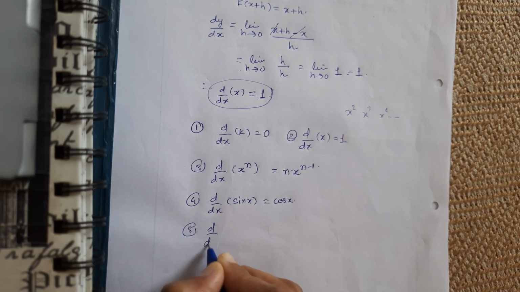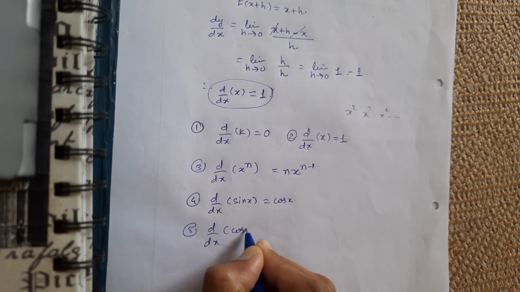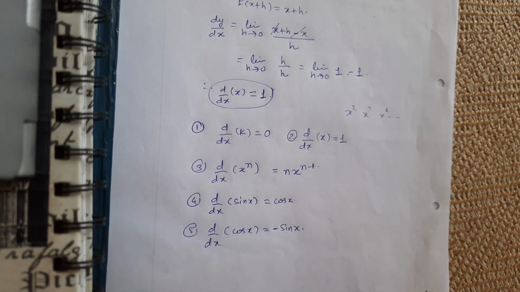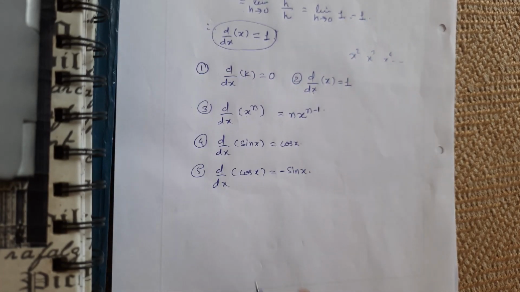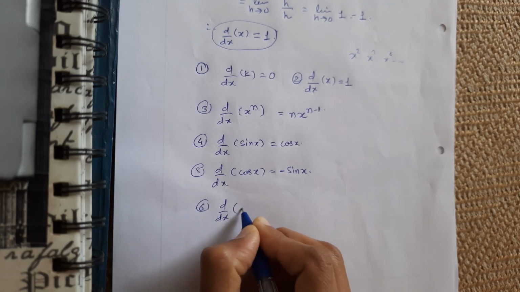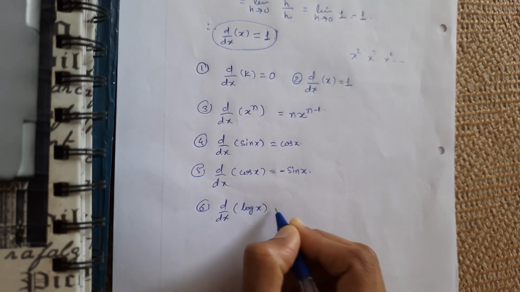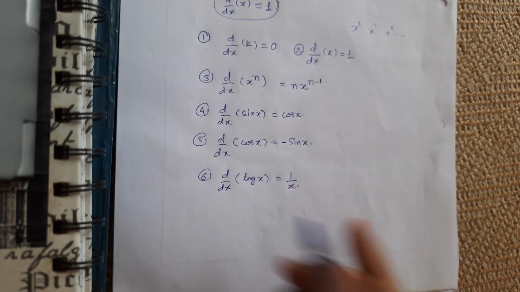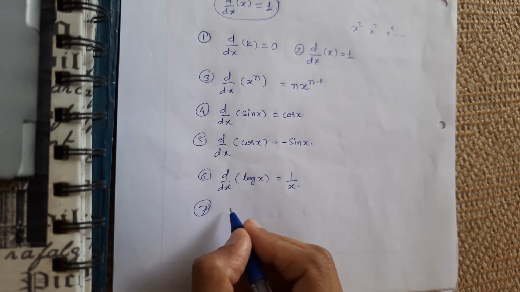Derivative of cos x is minus sin x. Derivative of log x is 1 upon x.